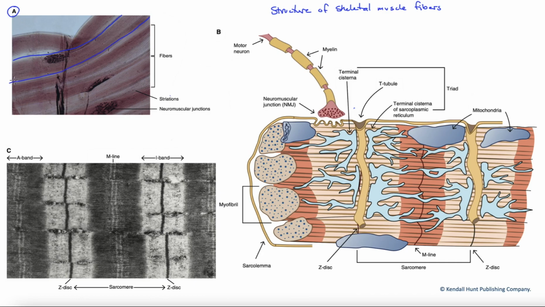And so they may have, not shown here, hundreds of nuclei and literally thousands of mitochondria. So these are huge cells. They can be multiple centimeters long, almost as long as the muscles that contain them in many cases.